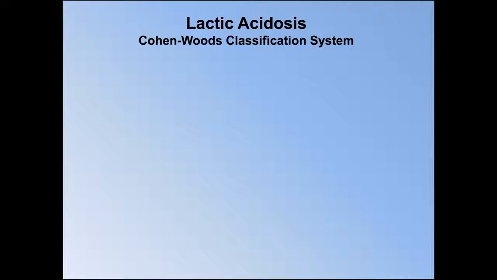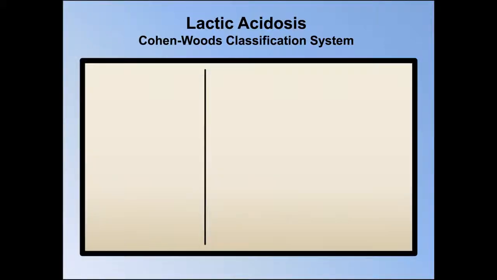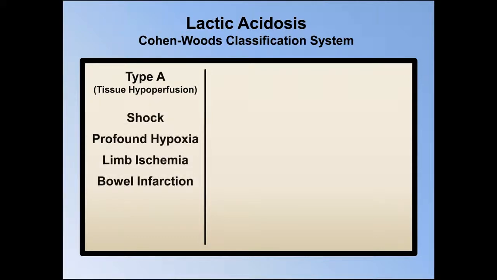There is a popular system of classifying lactic acidosis known as the Cohen-Woods classification, which divides etiologies into type A and type B. In type A, there is evidence of tissue hypoperfusion, such as that seen with shock, profound hypoxia, acute limb ischemia, or bowel infarction. In type B, there is no hypoperfusion.